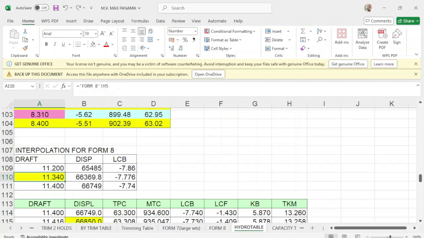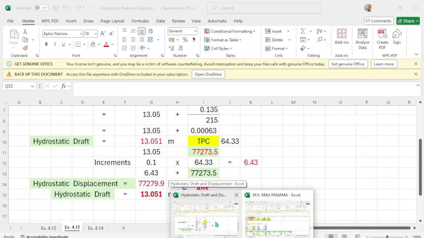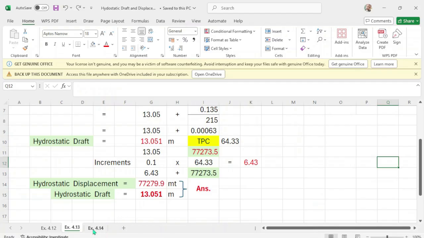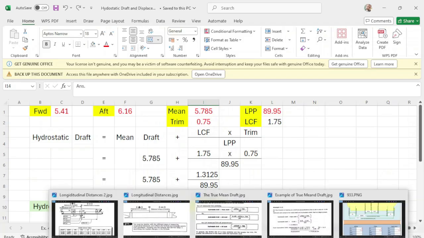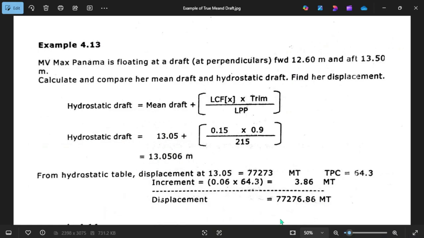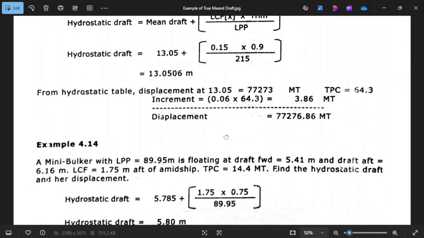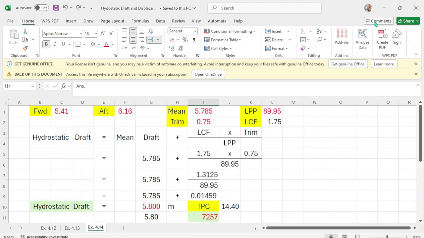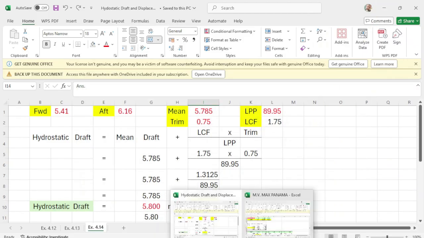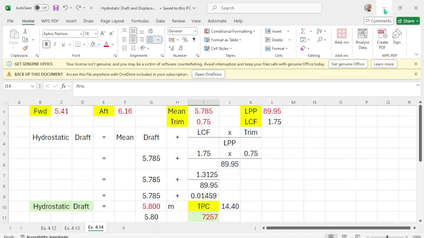Then we go to number 414, go up. Okay, we go to mini bulker. So I go to mini bulker, take out this one. Never mind.